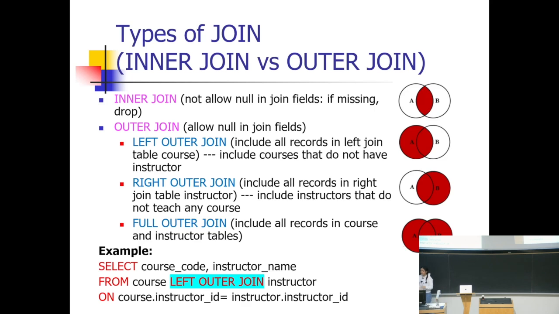So we have different types of join. Inner join, which is basically if you just use the two methods that we covered before. So we had inner join, right? Or join, just join, right?